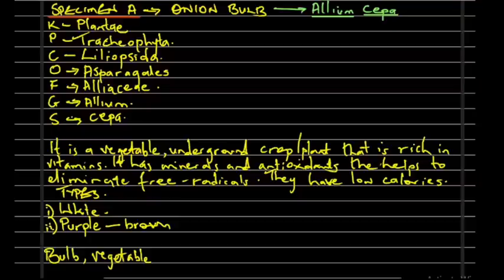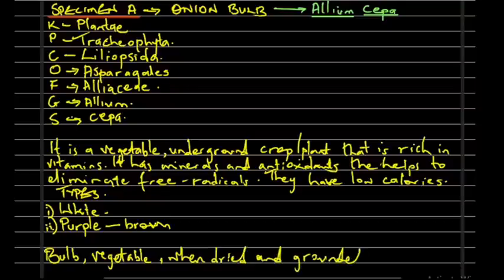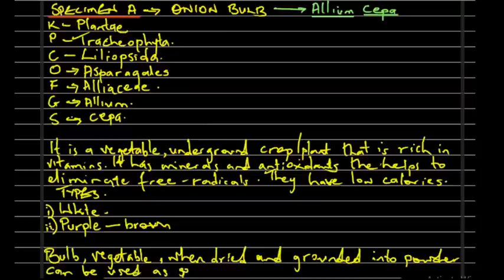Now, when it is dried and powdered, it is used as spice. When dried and milled or ground into powder, it can be used as spice.